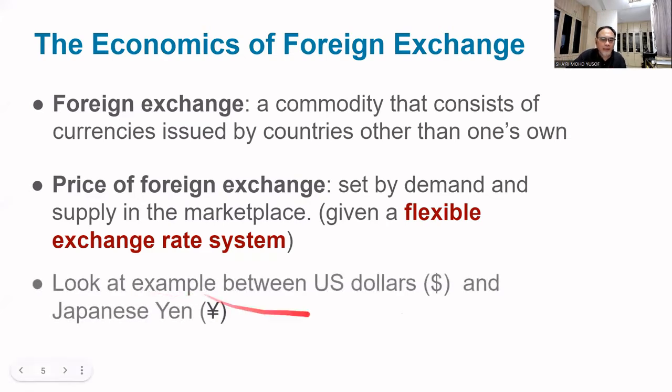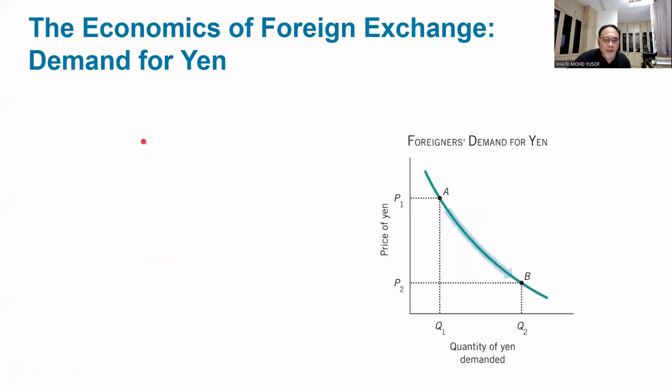And we're going to look at an example between US dollars and Japanese yen as given in the book. So first of all, we want to look at the demand for yen.